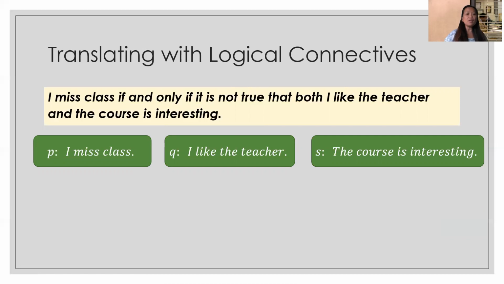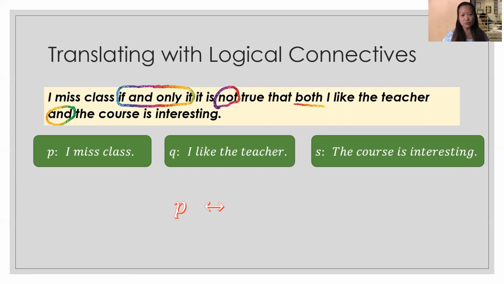Okay, now let's look at the logical connectives. We would see if and only if. We see not. And then let's keep in mind that word both. Not true that both. Okay, and then the last logical connective is and. Okay, so let's translate that. I miss class, that's P. If and only if, that's the double arrow.